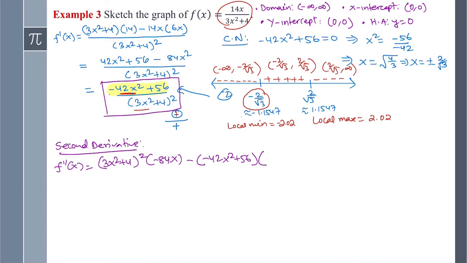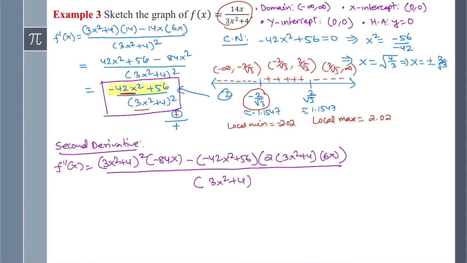We have to use the chain rule, so it's 2 times 3x squared plus 4 to the 1, so we don't have to write that, times the derivative of the inside function, which is 6x. Then divide everything by 3x squared plus 4. We already have a square and we're squaring it, so it's a fourth power.